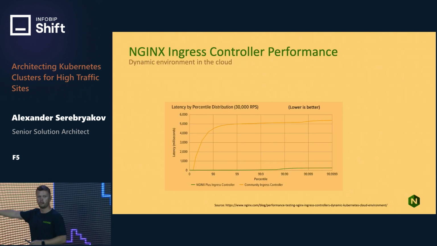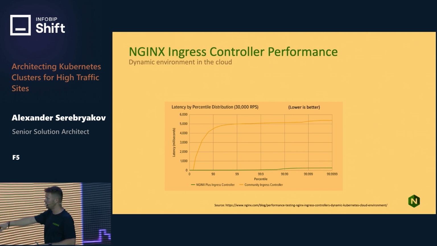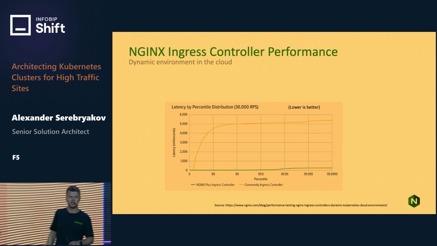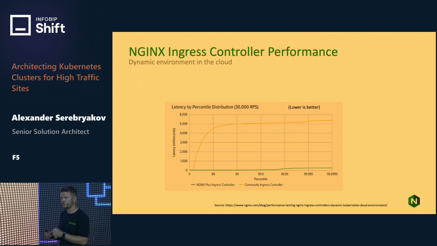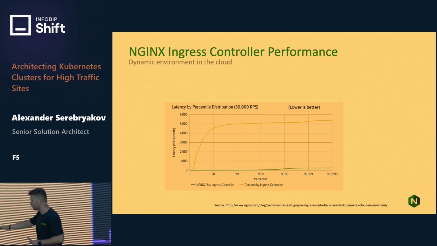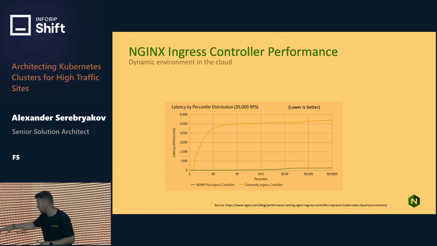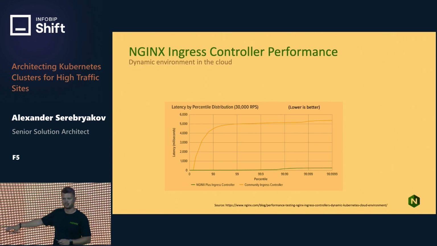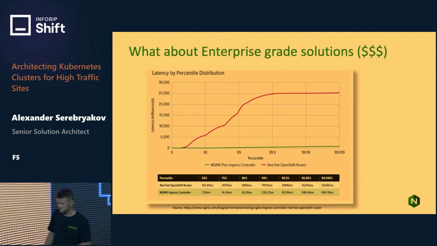The moment we go closer to our peak load, we see that the community ingress controller starts to introduce a little bit of latency. The difference is that we hard-coded this automation into our piece of code, and we see that latency is not increased that much. Same about some commercial distributions.